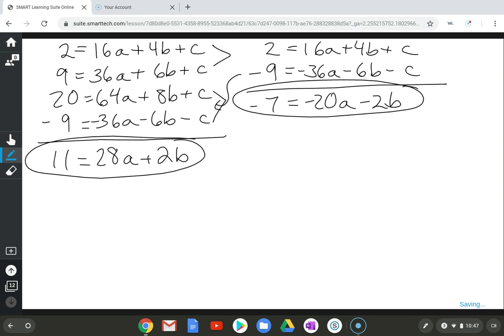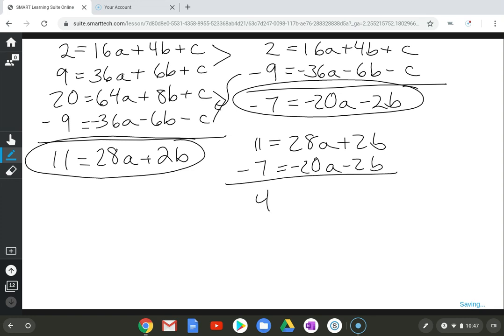So I'm going to just write them one over the other. Negative 7 equals negative 20a minus 2b. Add straight down. 4 equals 8a. So then we can divide by 8. And I get a equals 1/2.